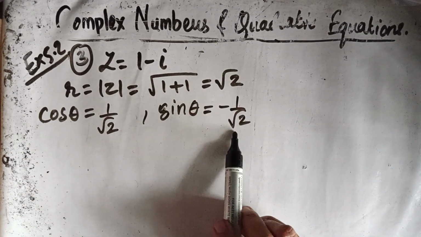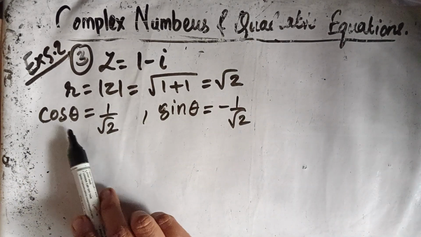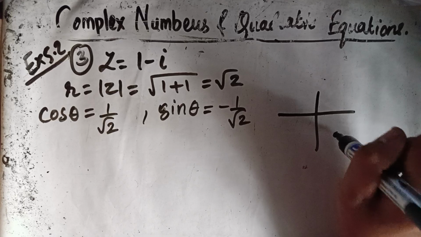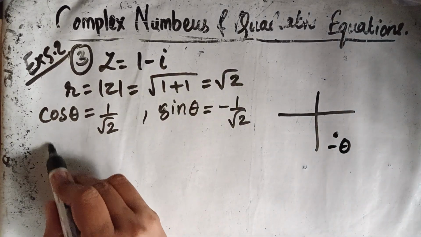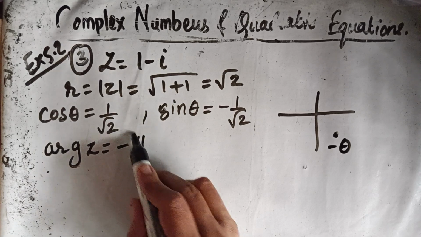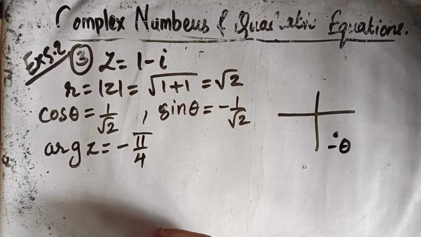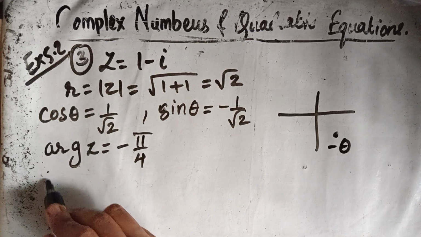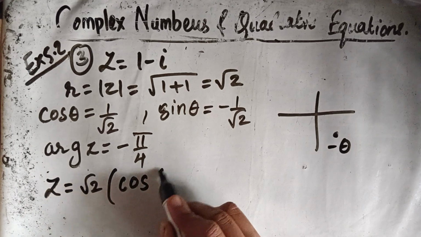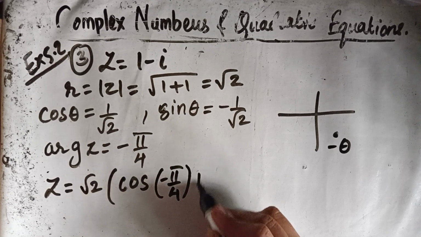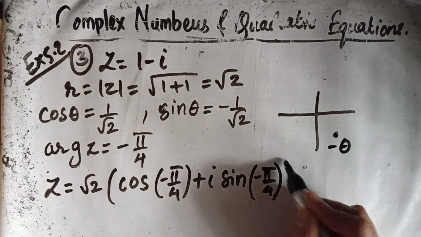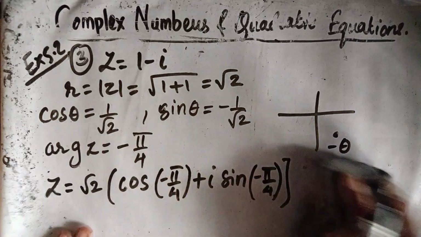And one is positive, one is negative. Sine is negative and cos is positive. So this is in the fourth quadrant, correct? In the fourth quadrant, it is minus theta. So arg of z is minus pi by 4. So the polar form is root 2 times cos of minus pi by 4 plus i sine of minus pi by 4. This is the polar form.